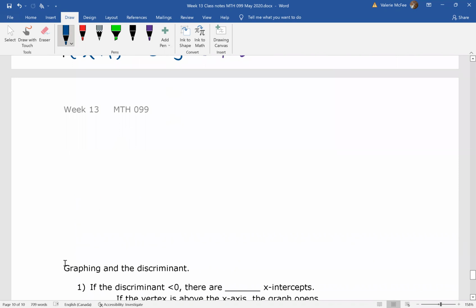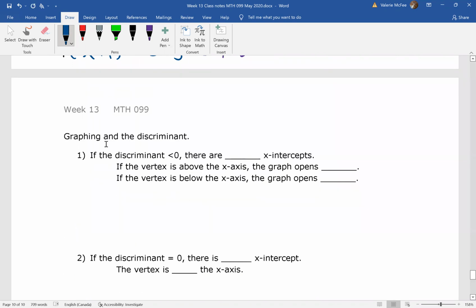Well, let's put these back here. So what does that mean when we're graphing? Let's think about the possibilities. We said that the discriminant could be less than 0. That meant that there are no x-intercepts. Well, if the vertex is above the x-axis, the graph is going to open up, like this example we just saw.